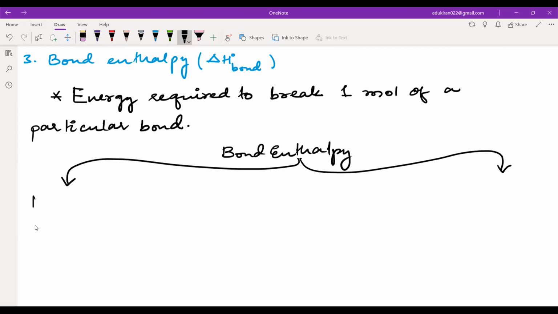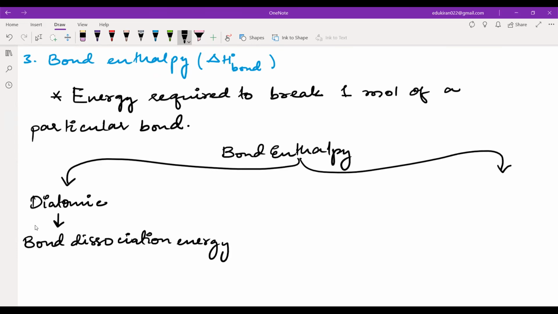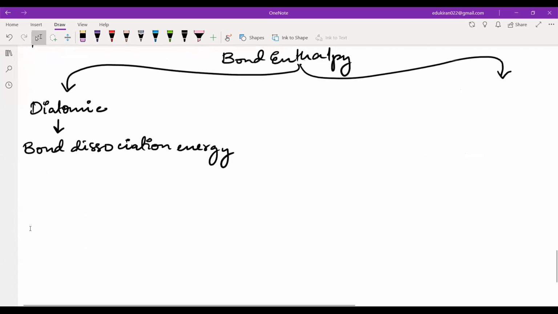If you have a diatomic substance, then in this case we call the bond enthalpy the bond dissociation energy. And it is quite simple. If you take H2, 1 mole of H2 has how many bonds? It has 1 mole of H-H bonds. So these types of substances are pretty easy to calculate.